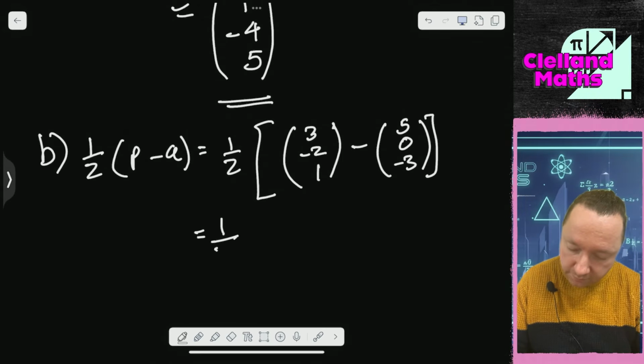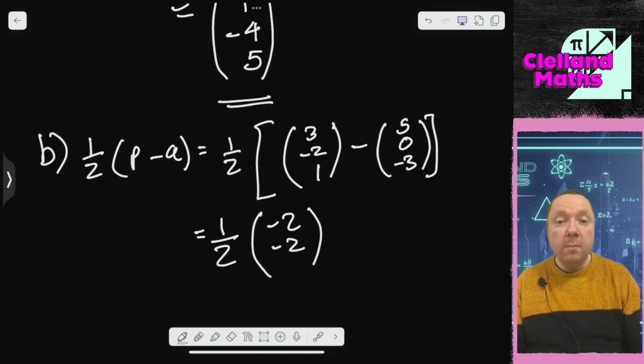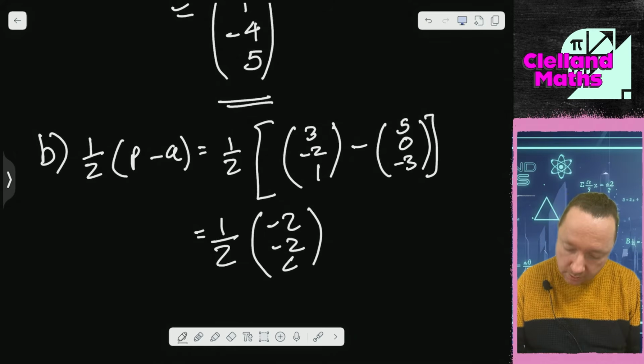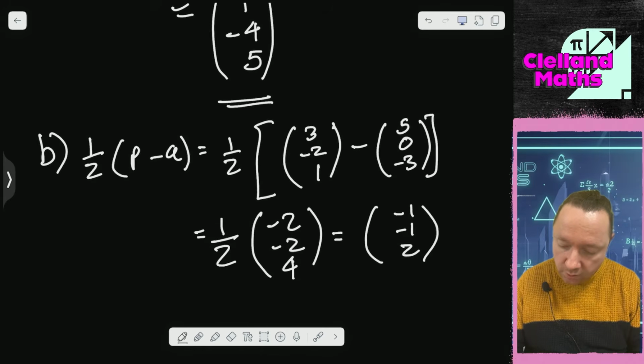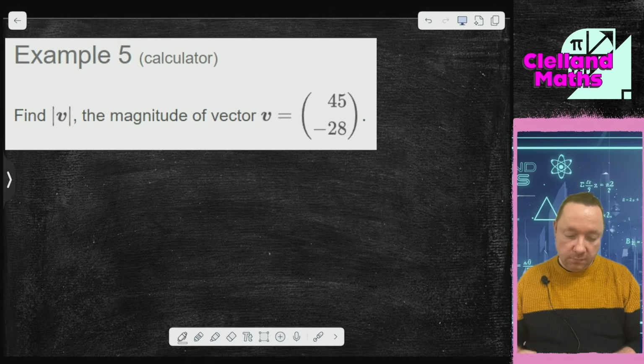So that's a half of 3 minus 5, which is minus 2. Minus 2 take away 0 is also minus 2. Then 1 minus minus 3 is 4. So half in each of the numbers, I get (-1, -1, 2). And we're done there. Okay, example 5 in vectors.